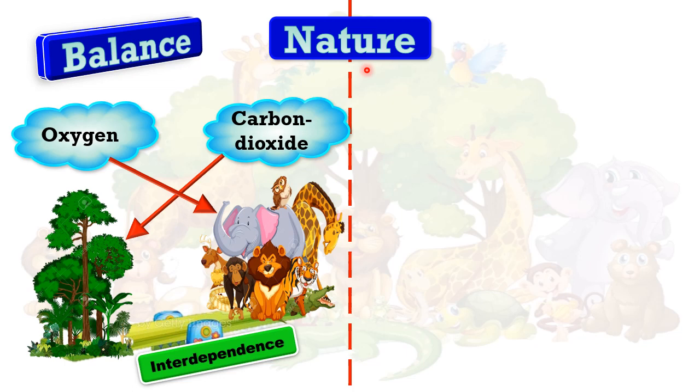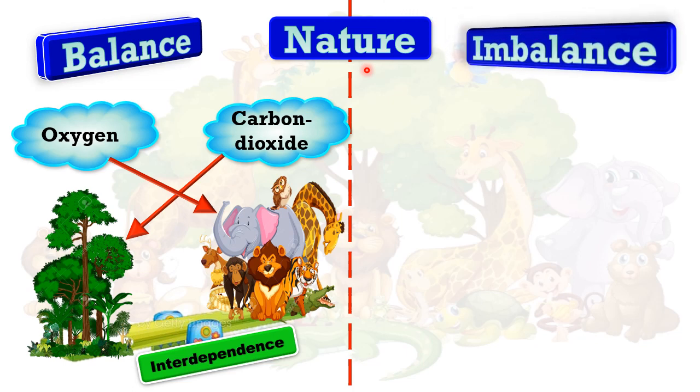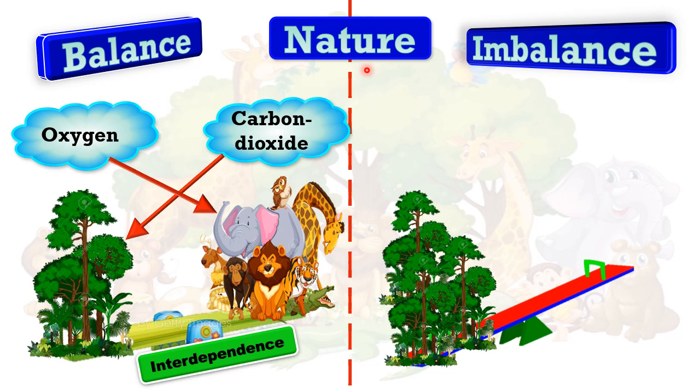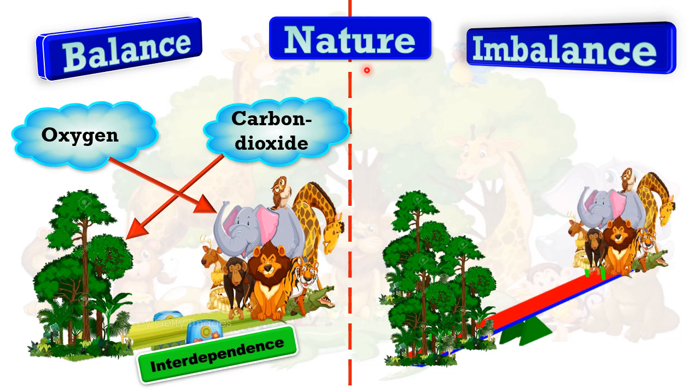Okay, children. Now let's see how imbalance is created in nature. When the number of plants increases and the number of animals decreases, then imbalance is created in nature. How?